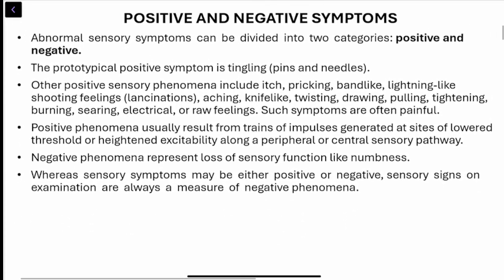First heading is positive and negative symptoms. The chapter starts with the perception of symptoms, how the patient perceives the symptoms, and we divide the perception into two types, positive and negative. Either the patient will tell you that he is feeling something, some pain, some itching, some tightening like sensation, or tingling sensation. Tingling means pins and needles.